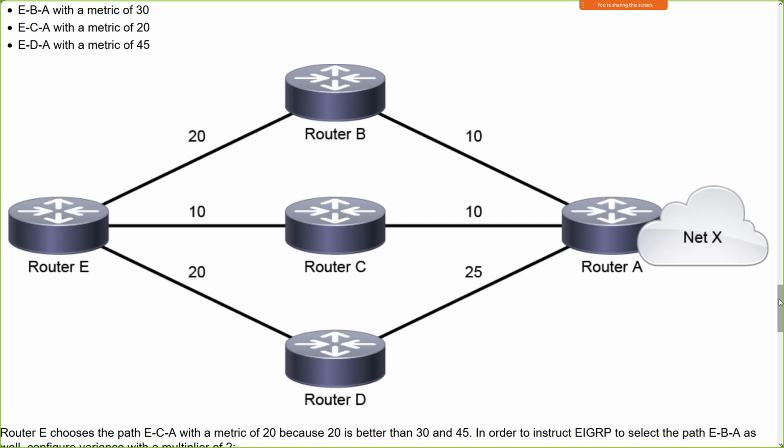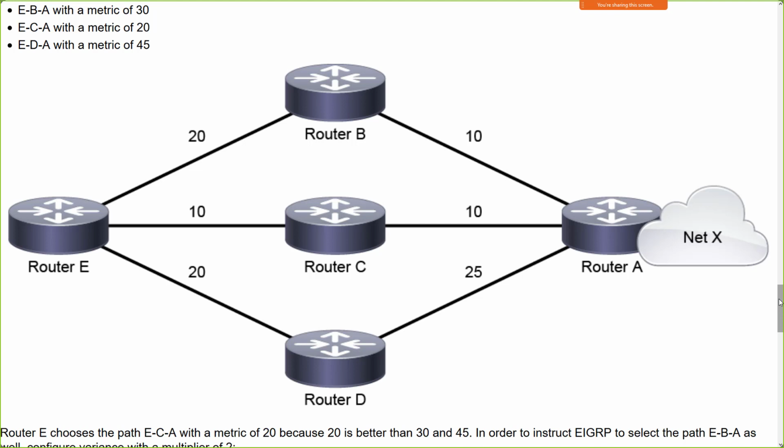And the answer is, ding, ding, ding, no, right? Only 2 paths would be used. Why is that? All paths fall within the variance, 20 to 60, because we used a variance of 3. But only the path through router B and C would be used. The path through router D would not be used, because router D does not meet the feasibility condition.